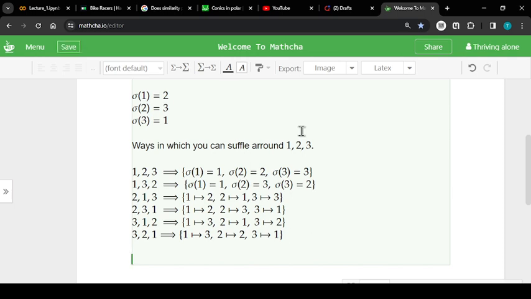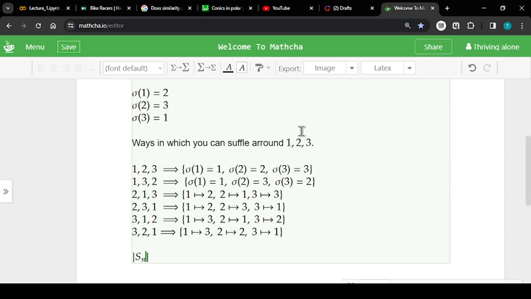The size of the group Sn. As I told you, Sn is the set of all these functions, all bijective functions from Jn to Jn. Let me write it again.